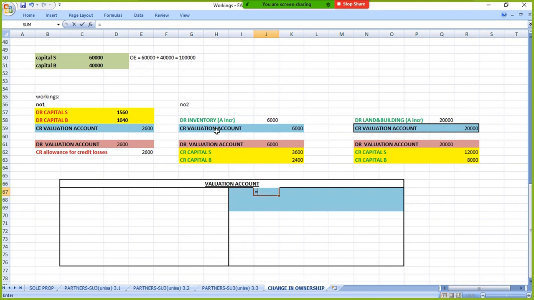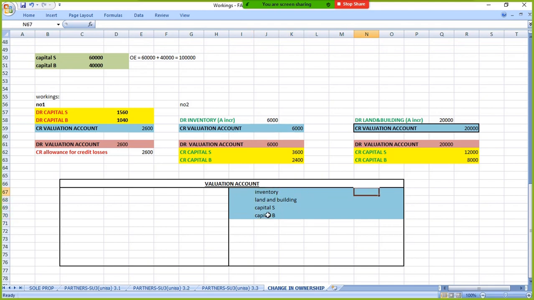Okay, so I had the inventory. I had the land and buildings. Actually, just write it in, otherwise you have the debits and credits. And you had the capital, capital S and capital B, Stevie and Bob.